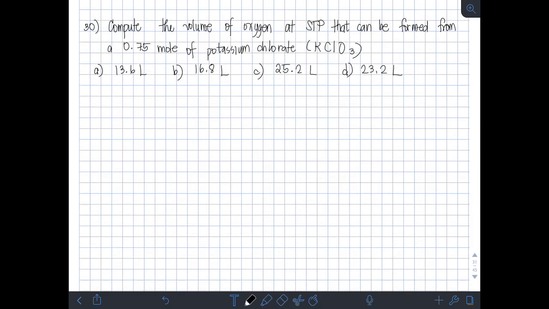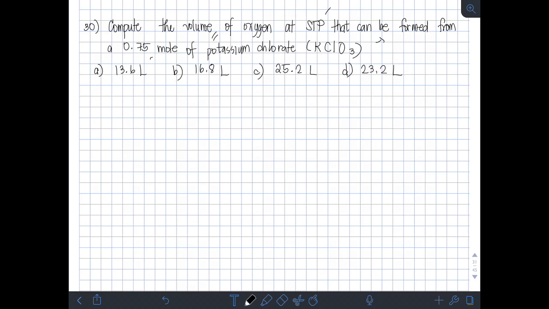Okay? Next, we have: compute the volume of oxygen at STP that can be formed from a 0.75 mole of potassium chlorate with chemical formula KClO3. Okay, so hanapin daw natin yung volume ng oxygen at STP na mapo-form kung meron tayong 0.75 mole of potassium chlorate.